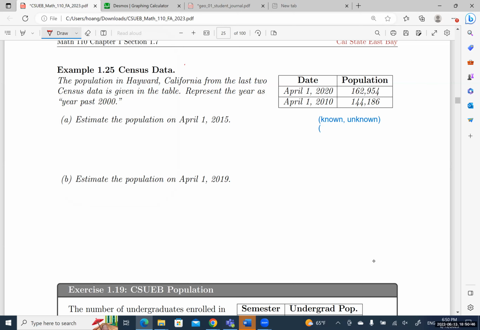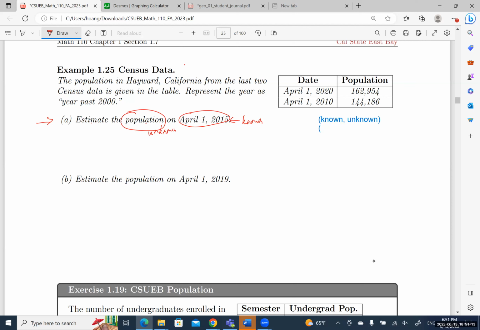So look at the question. Estimate the population in April something. So this is the given. This is a known. Right? And the unknown is the one that you are estimating. Okay.